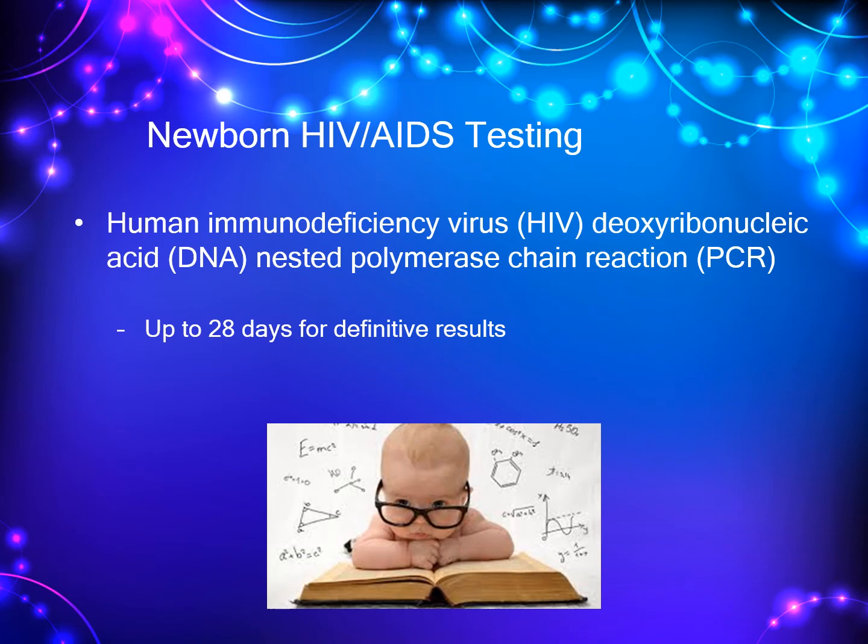As far as newborn HIV/AIDS testing, the test is called the human immunodeficiency virus deoxyribonucleic acid nested polymerase chain reaction. It can take up to 28 days for definitive results from this test.